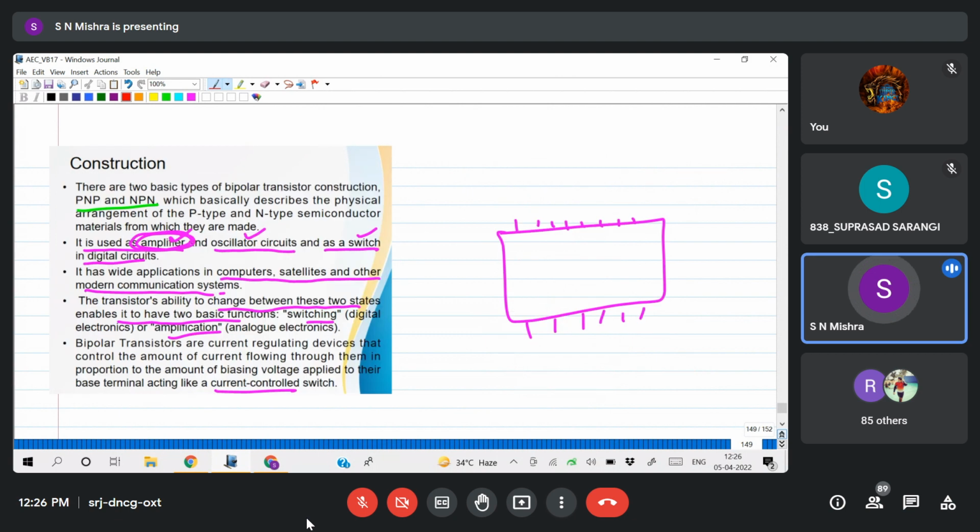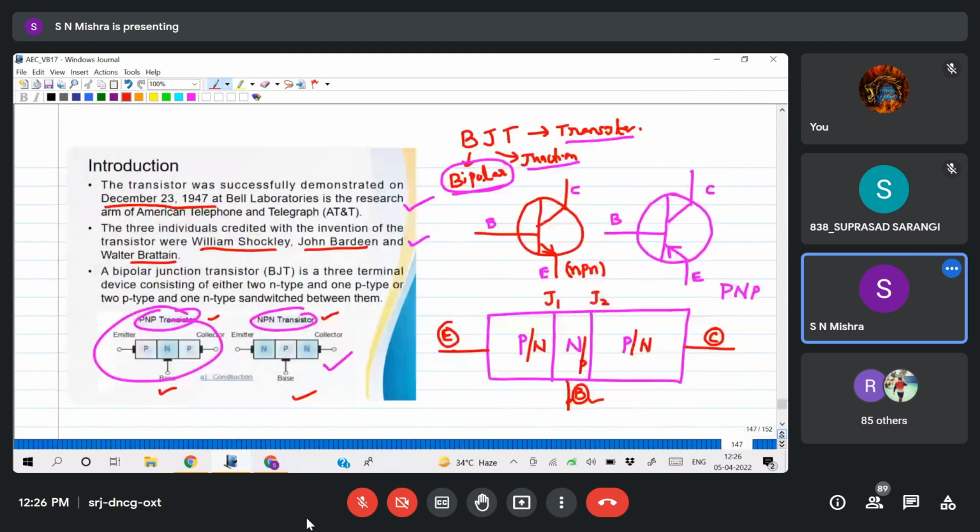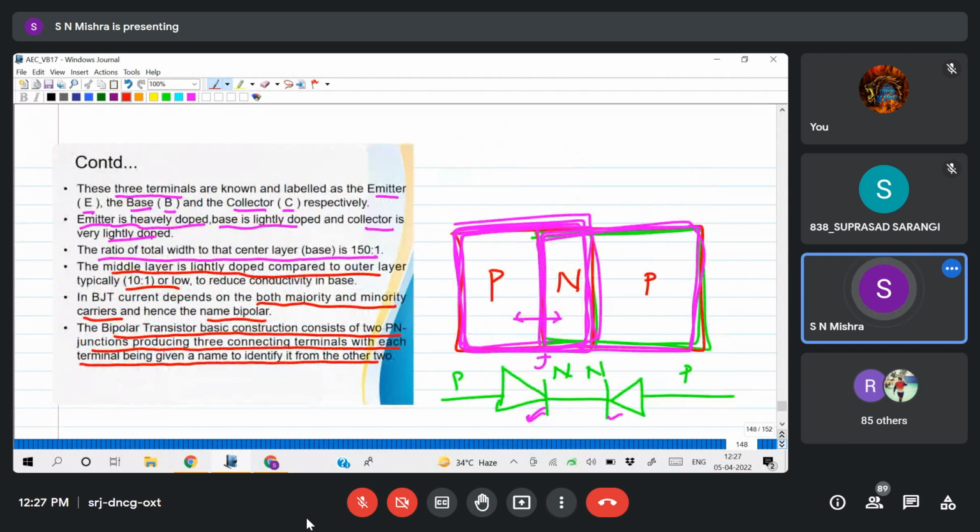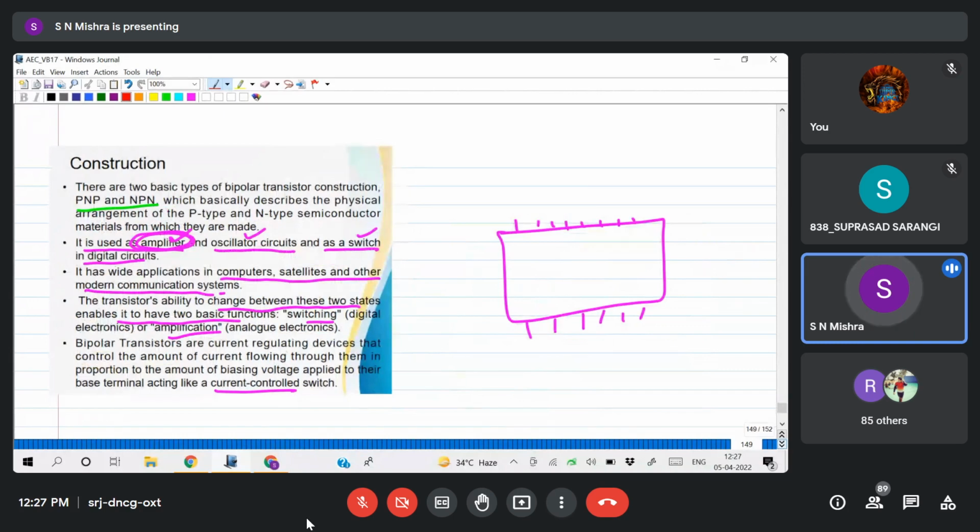From the starting, what we have discussed: started with transistor invention, then type of transistor, why it is called BJT, then the terminal names, after that symbol, then the construction diagram, sizing, doping, and conceptually how it is related to the PN junction diode, then what is the application.